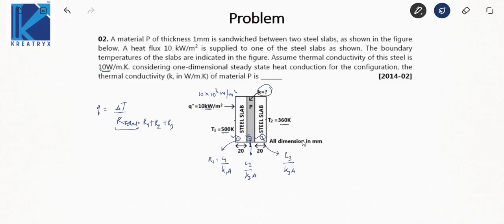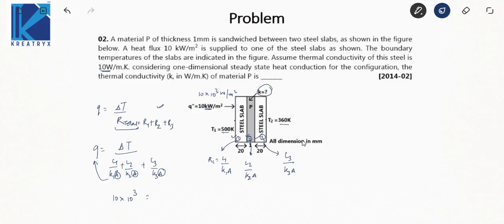Putting these values in this equation, Q is equal to delta T upon (L1 by K1A plus L2 by K2A plus L3 by K3A). This A is common, and I'm moving it to this side. Why? Because I need flux. So it will become Q by A, which will be flux, and I am putting the value of the flux that has been given as 10 into 10 to the power 3 watt per meter square.